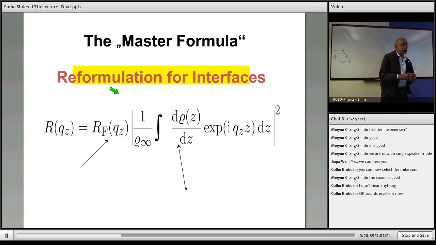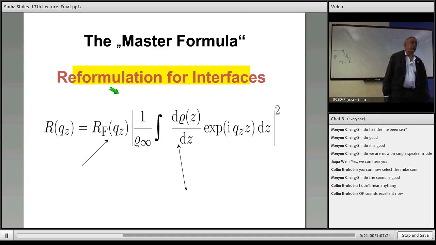Well, it can only be derived in the limit when QZ is very large, where you write down the asymptotic expression for R Fresnel, and then you use the Born approximation, which has been discussed in previous lectures. Then you can justify it.